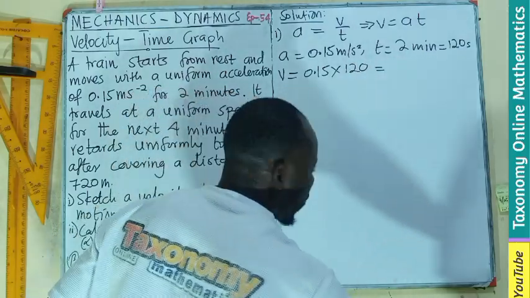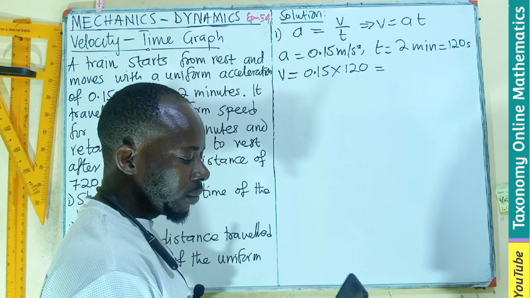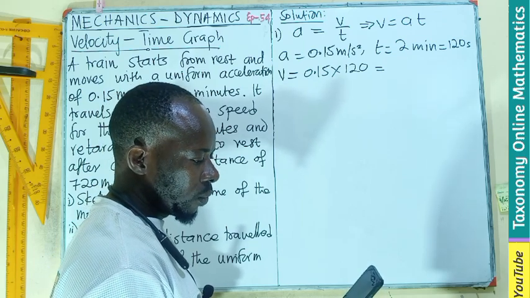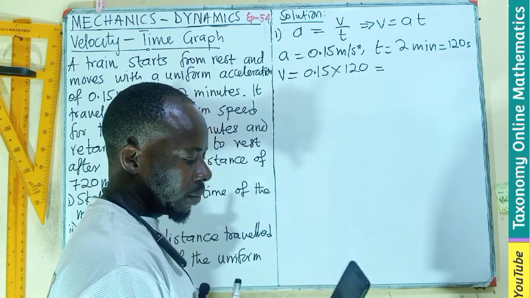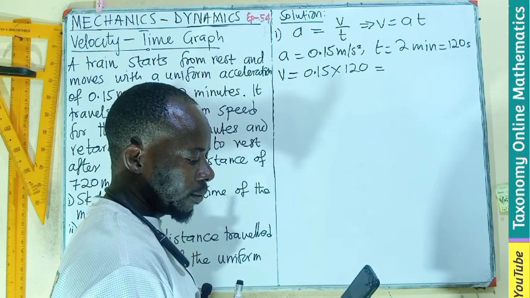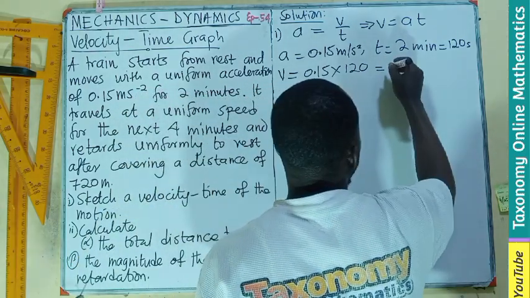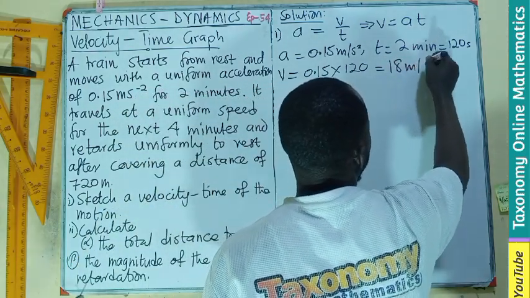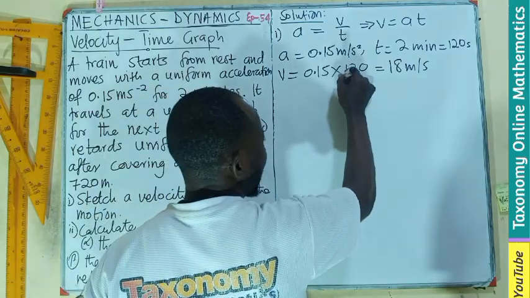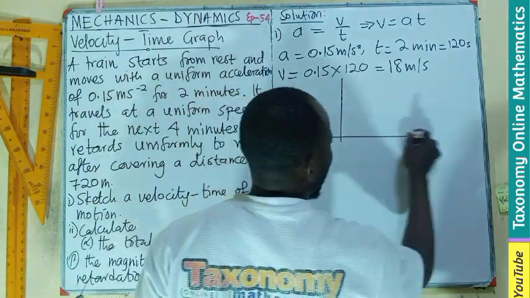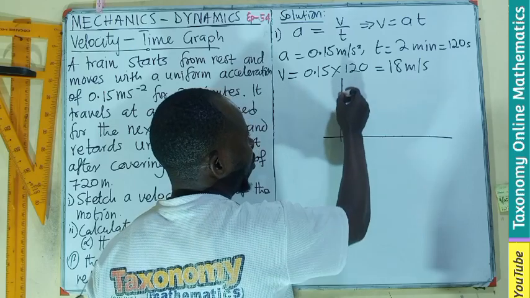Let's see what that will be on our calculator. If you multiply that, that should give you 18 meter per second.